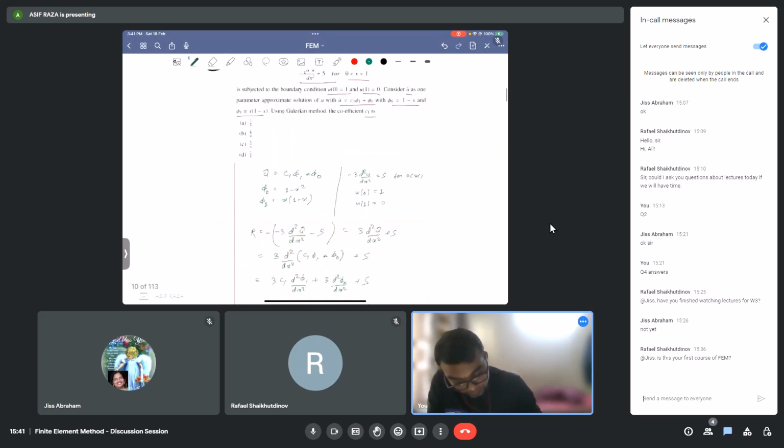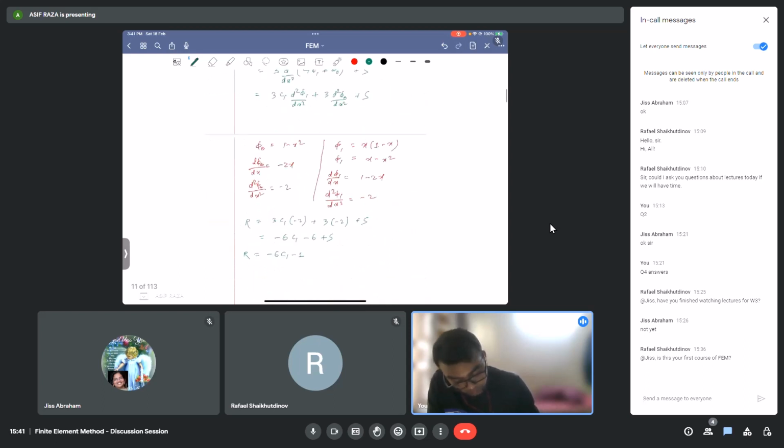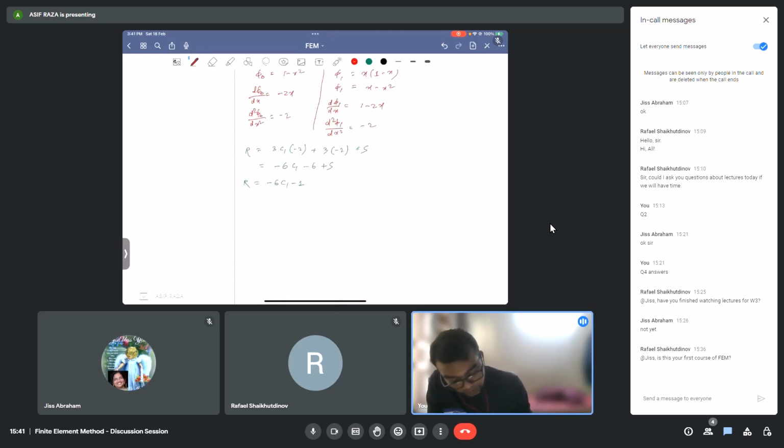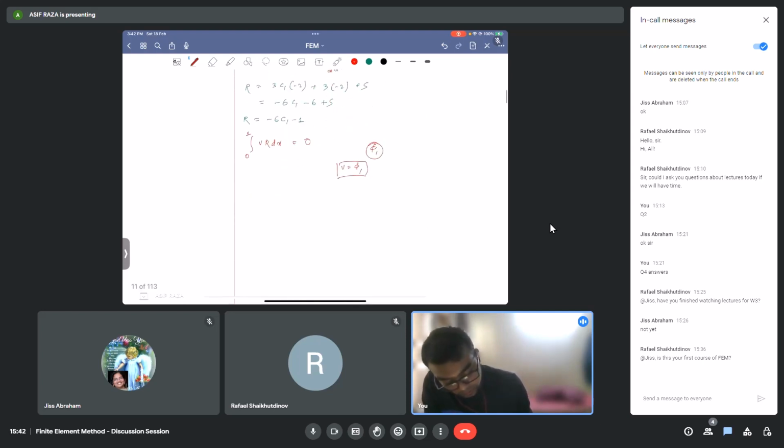Okay, we need to find the coefficient c1. In Galerkin method, what we do is we have the domain, we multiply the residue with the weight function in the domain and make it equal to 0 in an integral sense, and we have the parameter as phi 1 here, so we choose v equal to phi 1 for the Galerkin method.